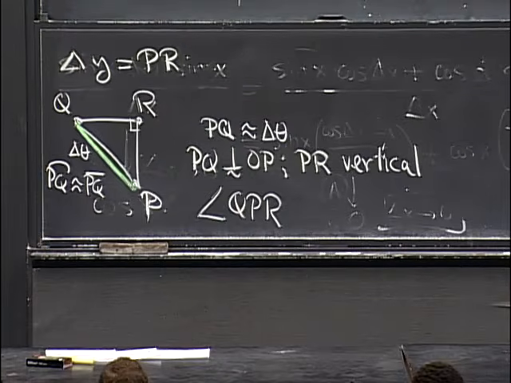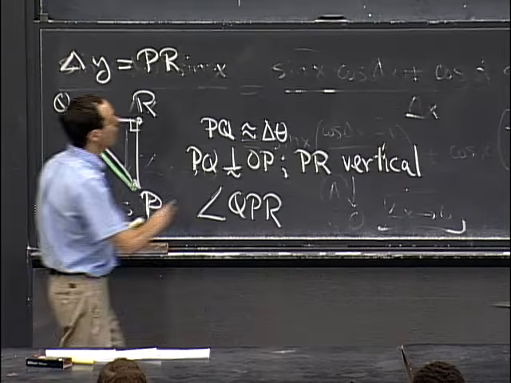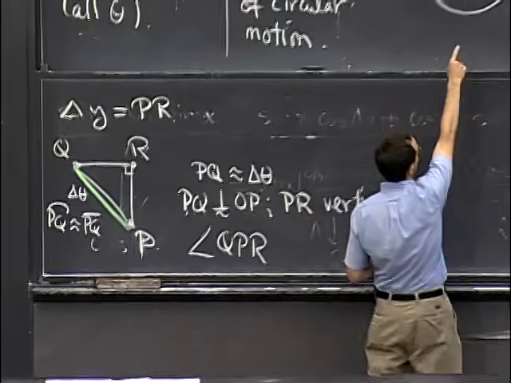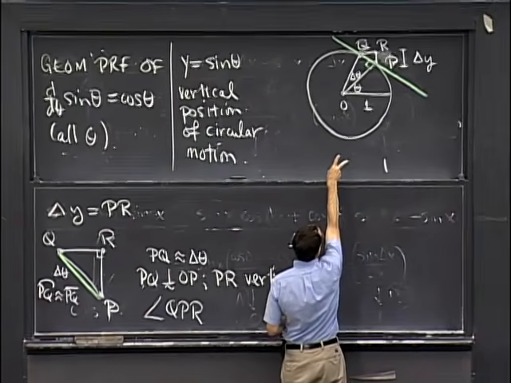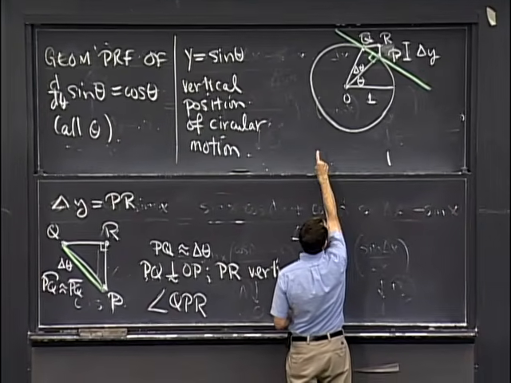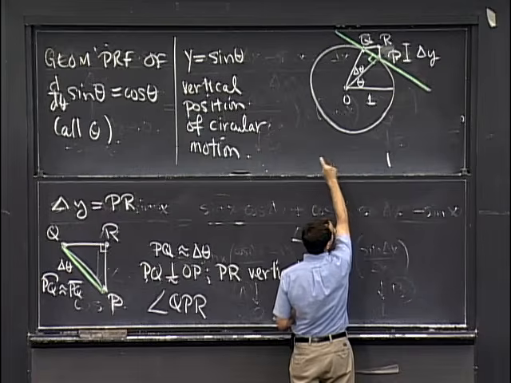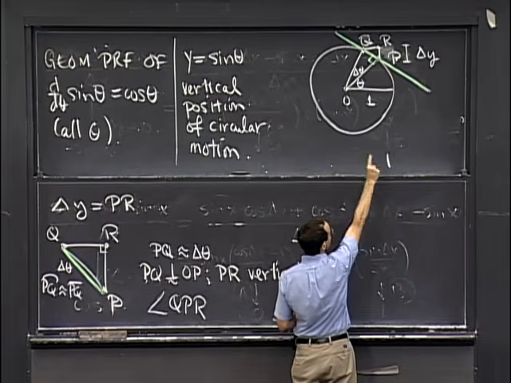Okay? So those are the two pieces of geometry that I need to see. And now notice what's happening upstairs on the picture here in the upper right. The angle theta is the angle between the horizontal and OP.